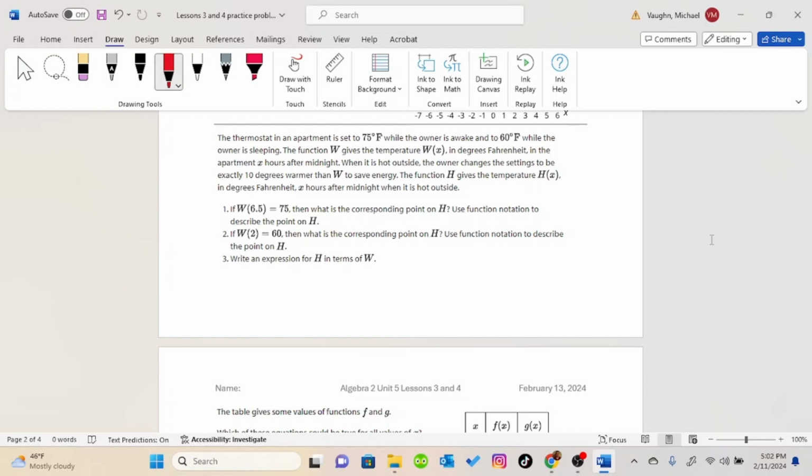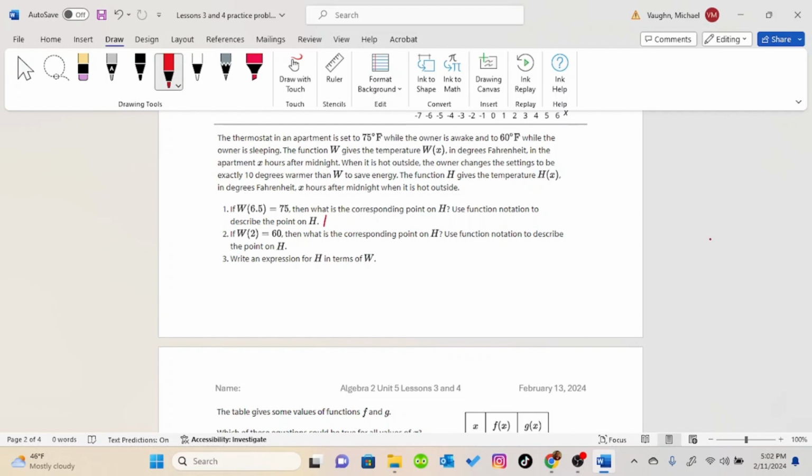The function h gives the temperature h of x in degrees Fahrenheit x hours after midnight when it is hot outside. Number 1. If W of 6.5 equals 75, then what is the corresponding point on h? Use function notation to describe the point on h.